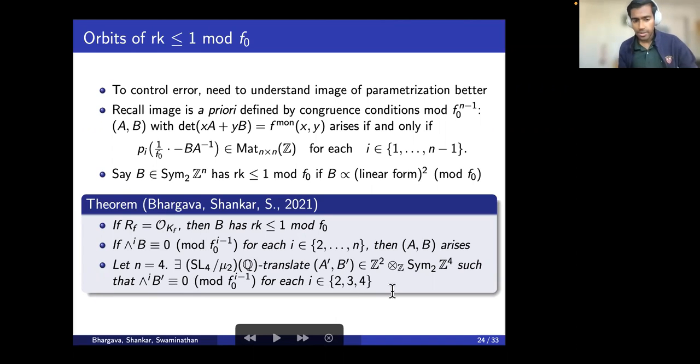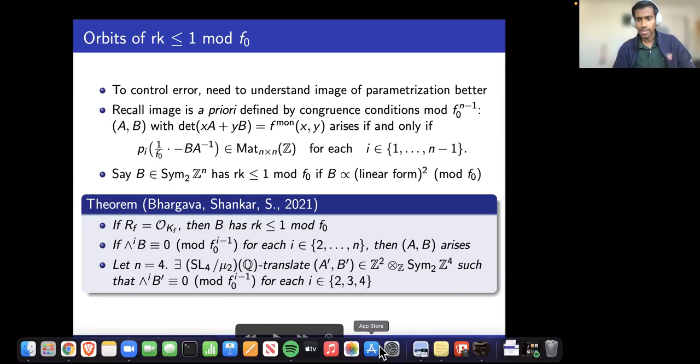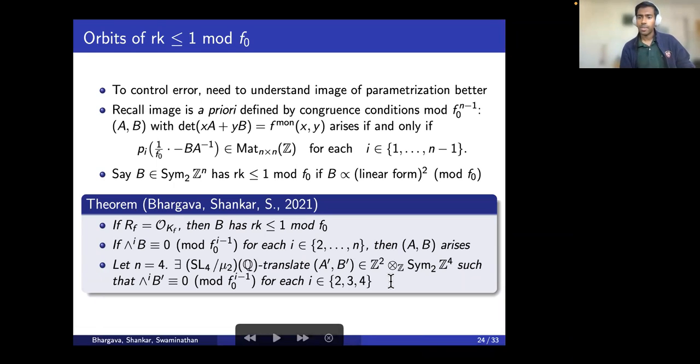The implication is that, at least in the quartic case, even if you're getting something from the parametrization that's not defined mod f0, you can just translate it under this group SL4 mod mu2 and get something that is defined mod f0. So for all intents and purposes, you can think of the parametrization as producing orbits that are defined mod f0. That has reduced the modulus down from f0 to the n minus 1 to f0.